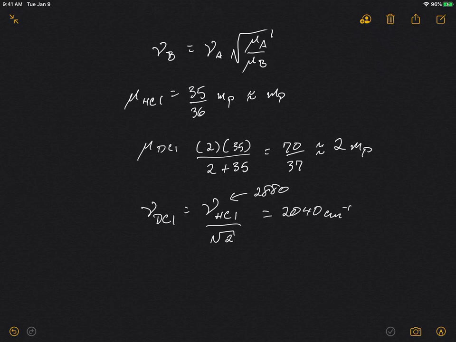And one thing that's important is it's usually the V equals 0 to V equals 1 transition that's important for vibrational spectroscopy. We haven't really talked about it, but it turns out that the harmonic oscillator is useful for predicting the heat capacity of solids. That's a starting point for phonon theory. I mentioned that at the beginning when we first started talking about the harmonic oscillator, but I just thought I'd reiterate that.